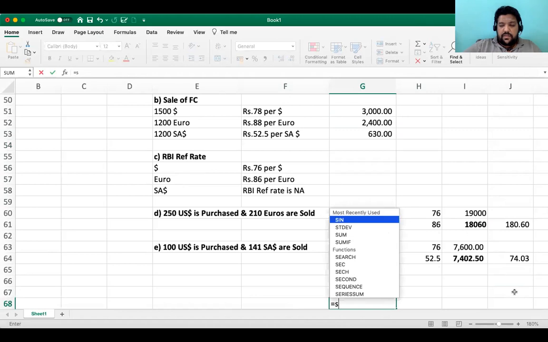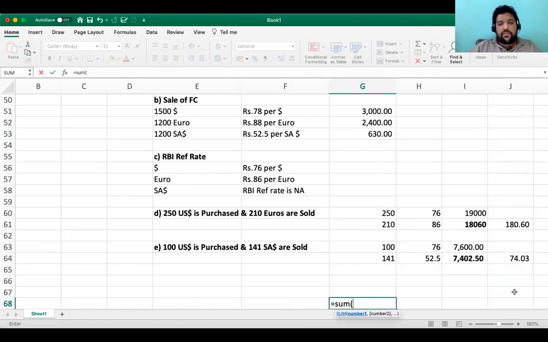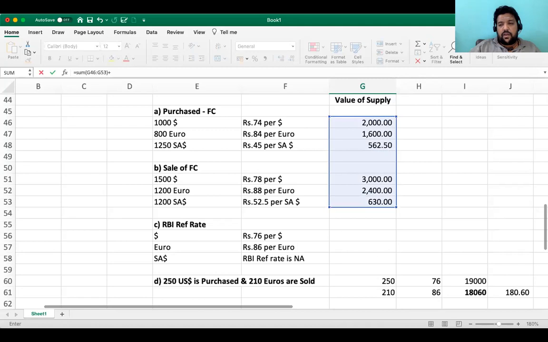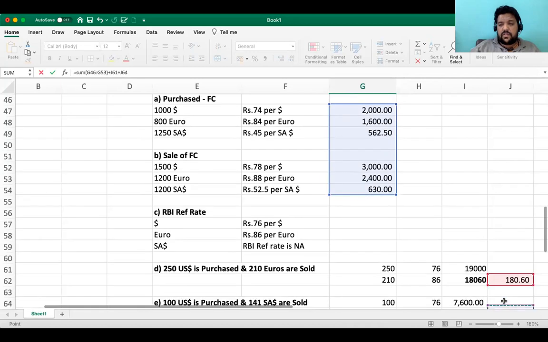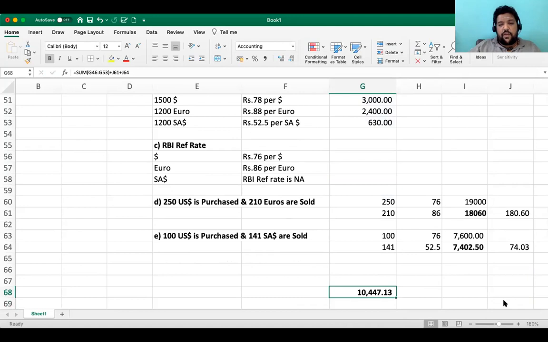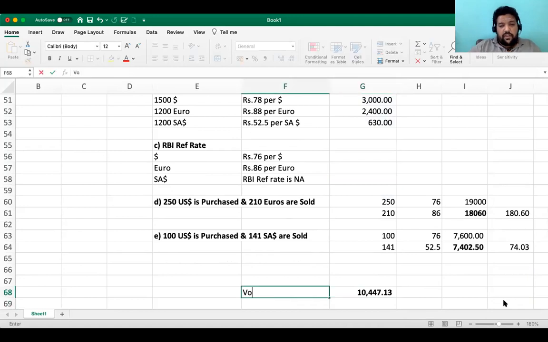All these numbers will become your total value of supply for that month. On this number only, you have to calculate GST. All this number plus your 180, and you had one more number, 74.03. So this becomes your value of supply for the month for this Prithvi Foreign Exchange.